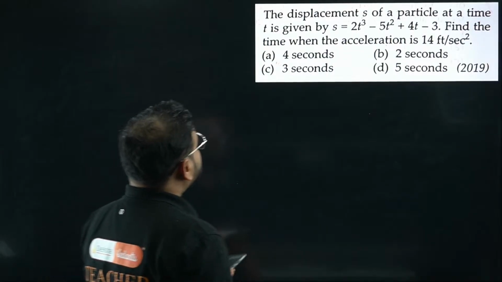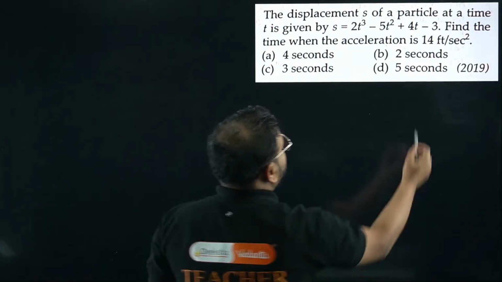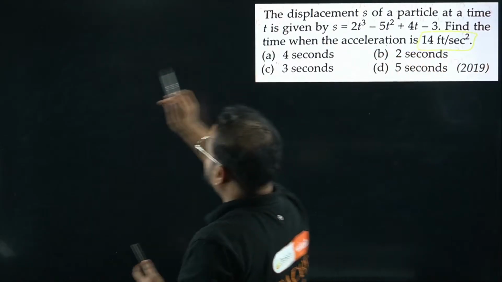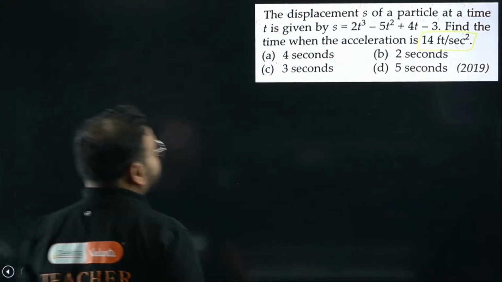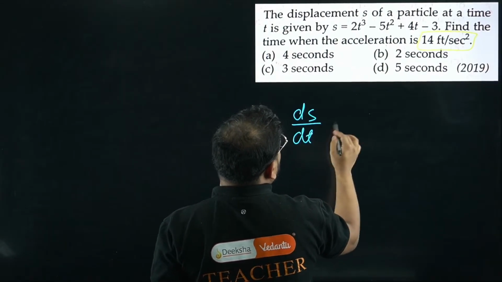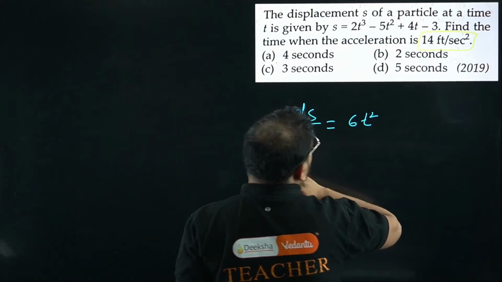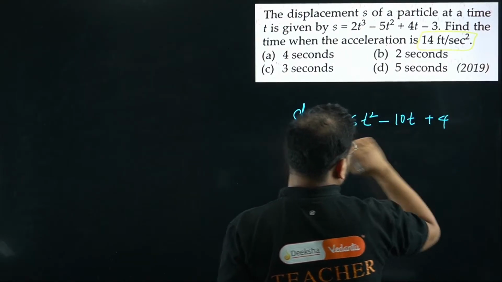All right, let's solve this question. Given the displacement function, I want the acceleration. They've given the acceleration to us, so let's find the acceleration from the given displacement function. We'll differentiate to find ds by dt. We'll have 6t square minus 10t plus 4.